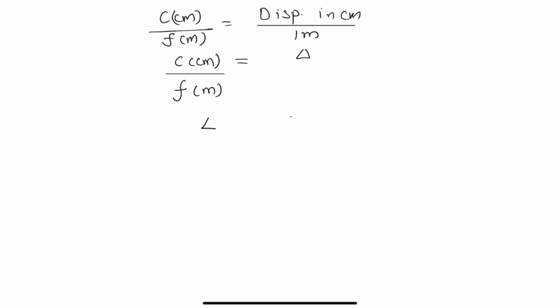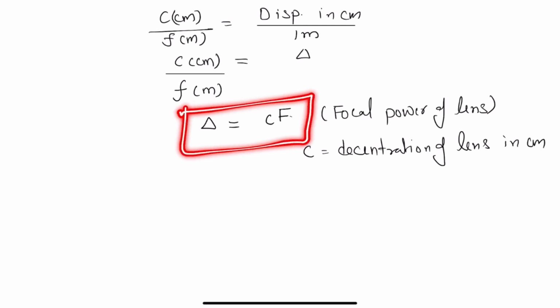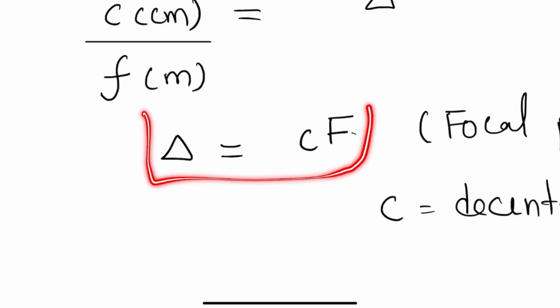This formula is further simplified as C multiplied by F, where F is the focal power of the lens and C is the decentration of the lens in centimeter. This is the formula to calculate the induced prismatic effect caused by the decentration of the lens, in prism diopter.